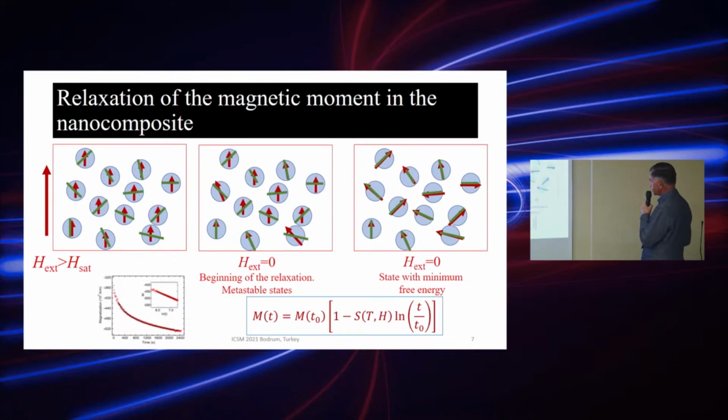So each local magnetic moment should be oriented along the easy axis of magnetization. And in experiment, usually the magnetization versus time is measured. It is well described by this simple equation, where it is necessary to introduce this parameter S, which is the magnetic viscosity, and t0 is the inverse of the damped frequency. So by fitting this experimental data in a semi-logarithmic plot, it is possible to extract, to evaluate the viscosity at various temperatures.